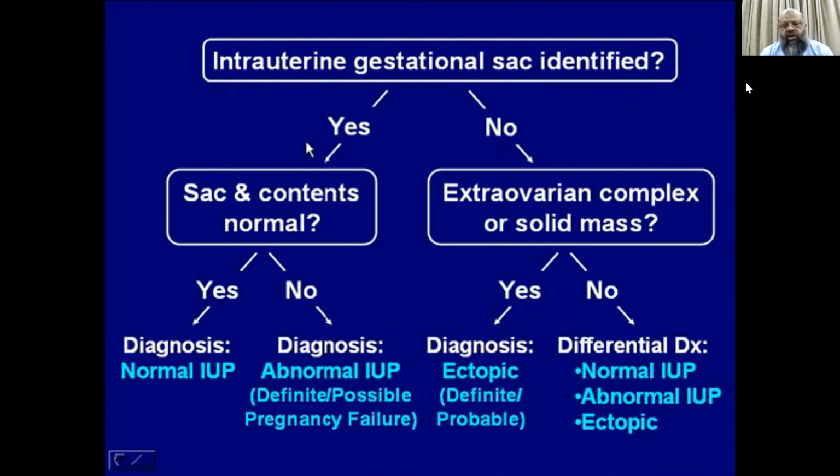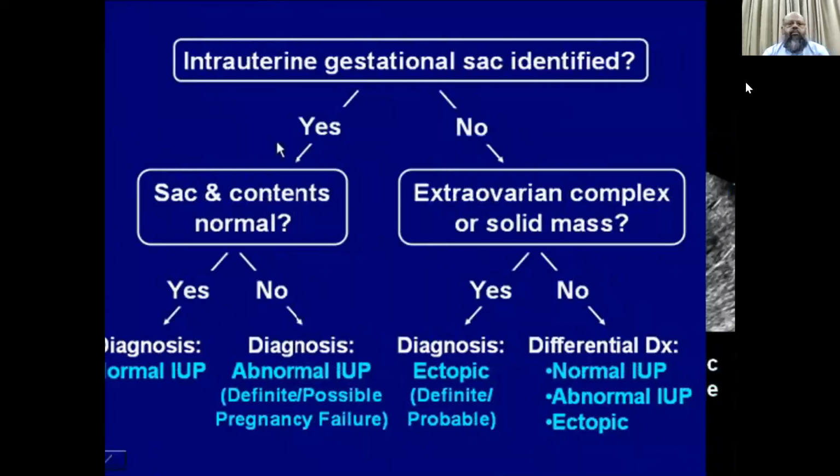The differential diagnosis can be normal intrauterine pregnancy, although the intrauterine gestational sac is not identified on ultrasound, so we can wait, or abnormal intrauterine pregnancy, or ectopic. So all three conditions will be possible if we don't see an extra-ovarian complex or solid mass in a pregnant lady who is otherwise pregnant on the basis of beta HCG or pregnancy test.